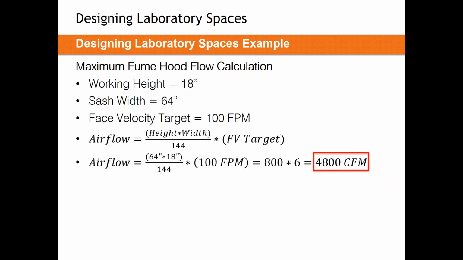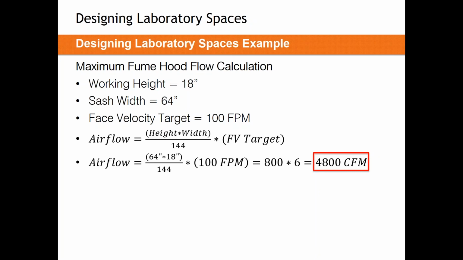But what about our maximum conditions here? We always have to worry about this condition in the fume hood laboratory. Our hoods open to a height of 18 inches with a width of 64, as mentioned before, and we're going to target 100 feet per minute for the face velocity.